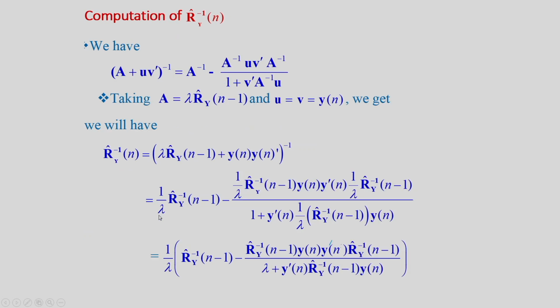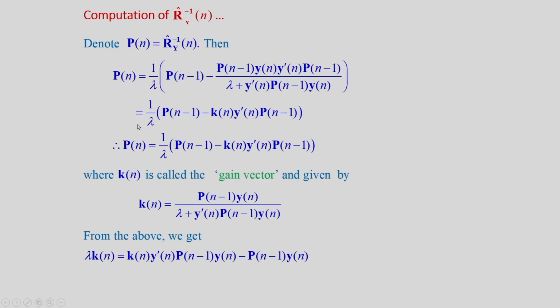Then from this, Pn will be equal to 1 by lambda times Pn minus 1 minus Pn minus 1 into yn transpose into Pn minus 1, divided by lambda plus yn transpose into Pn minus 1 into yn.